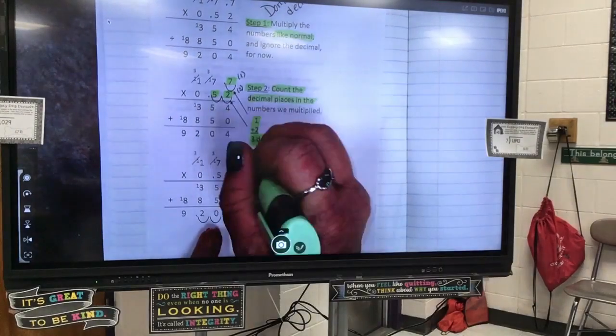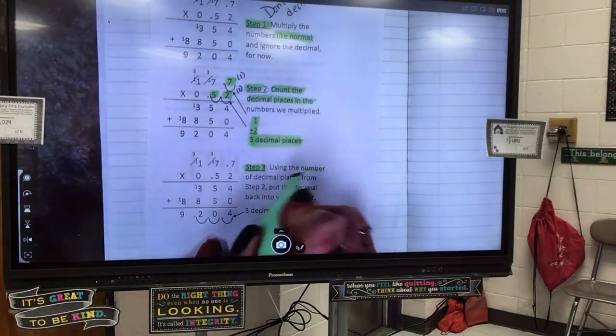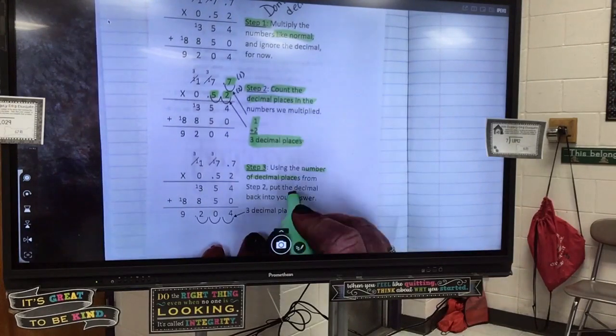And then step number 3 is using the number of decimal places from step 2, put the decimal back into your answer.